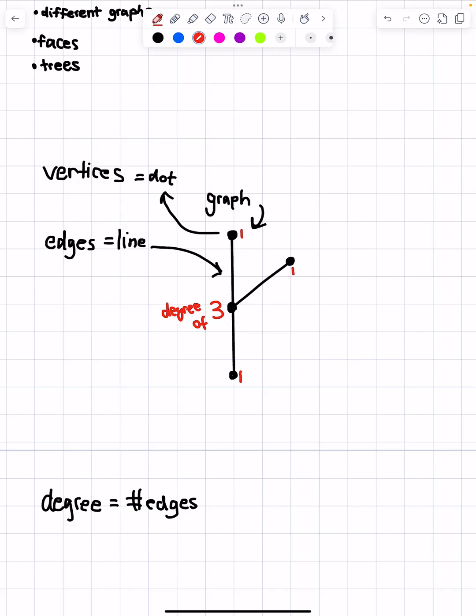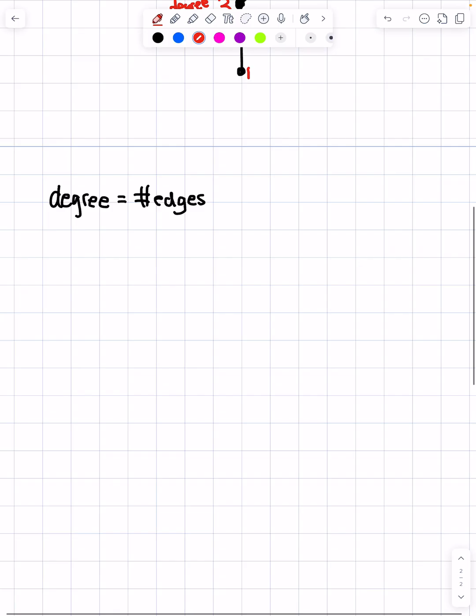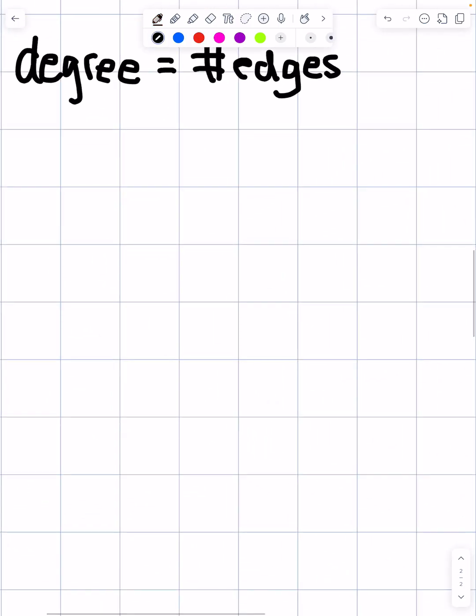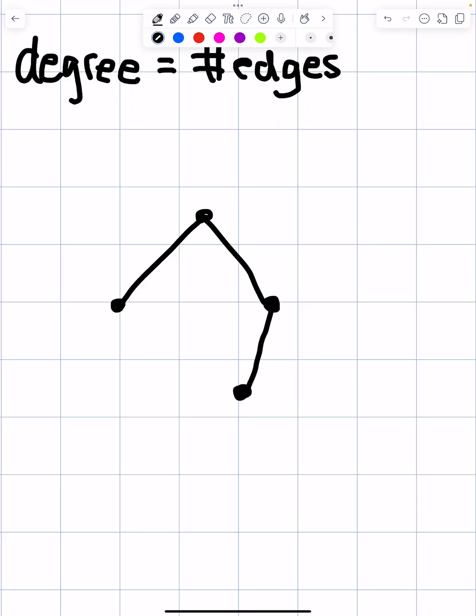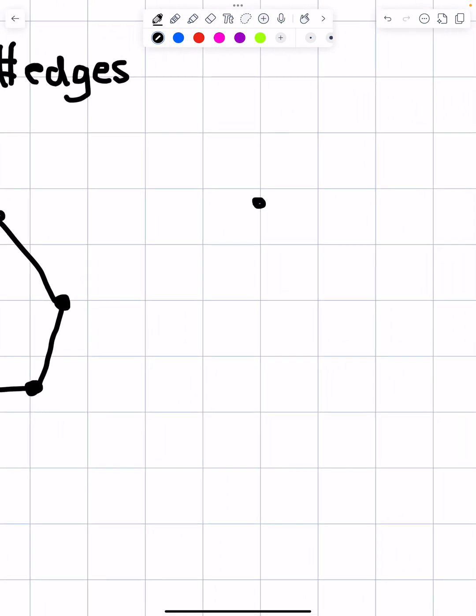Now, these are basic terms that we need to understand. It's an introduction to graph theory. We have to learn about vertices and edges. Here, I'll draw a set of different graphs. Say, this is a graph. This is also a graph.